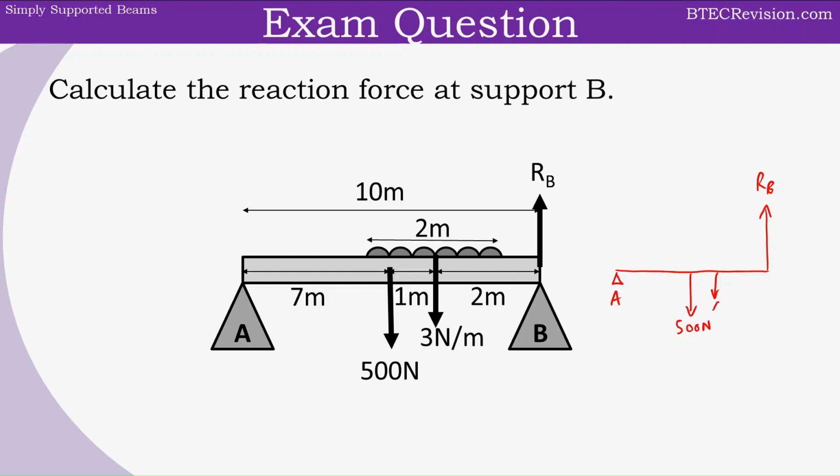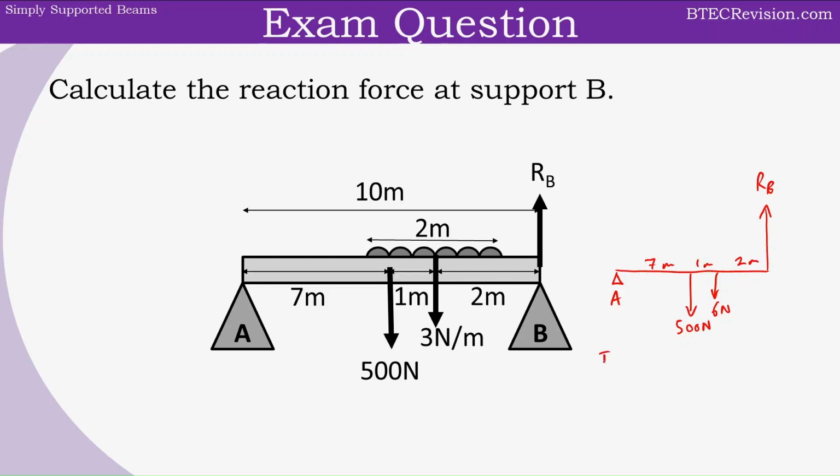So that's total force of 6 newtons. And that's all the forces. We can now add in the distances from the force to the pivot, perpendicular distances, and that's 7 meters. And for the next one, that's 1 meter, and the last one is 2 meters.